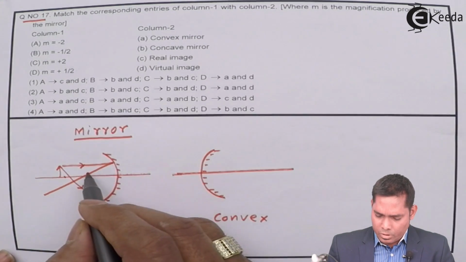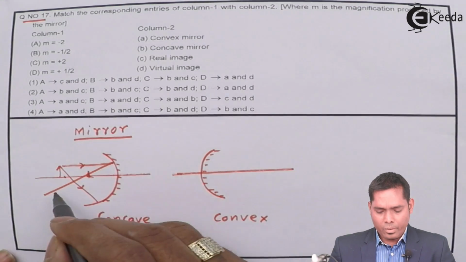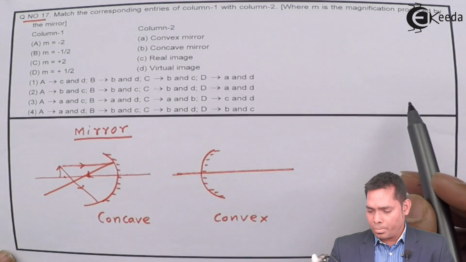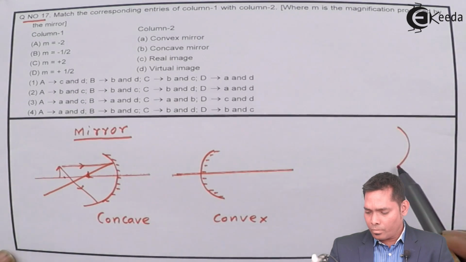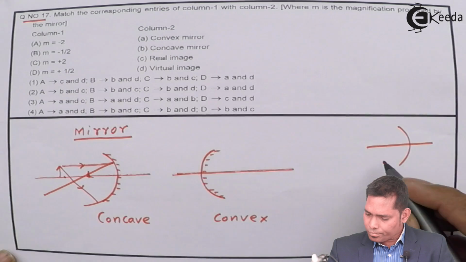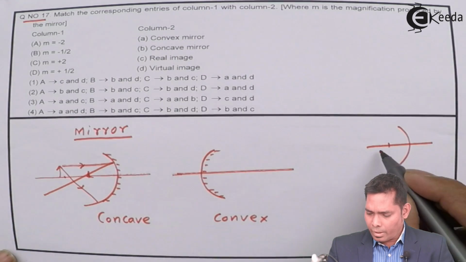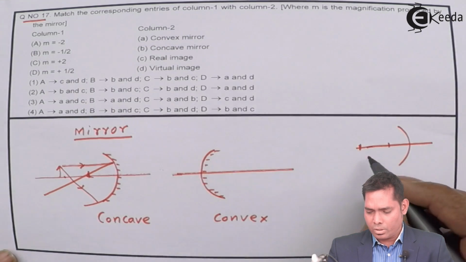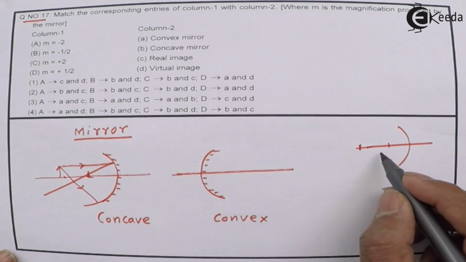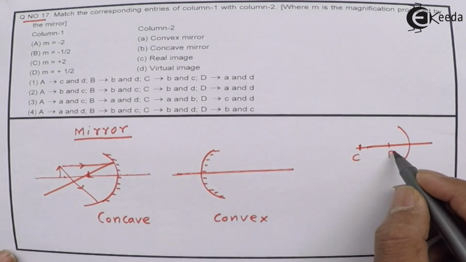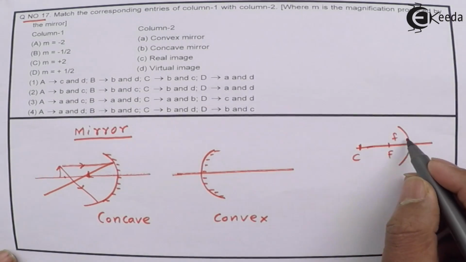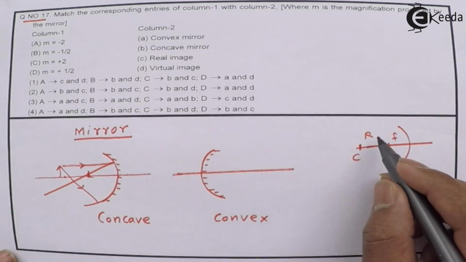Here this is one ray, because in case of a mirror we know that this is the focal length and this is the radius of curvature. This distance is the center of curvature, this is the focus, this distance is the focal length, and this distance is the radius of curvature.